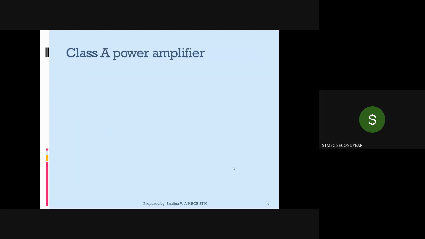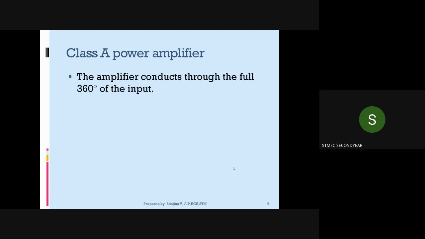Okay, so we have already told it is classified according to the conduction time. Here we can say the amplifier conducts for the full 360 degree of input signal.